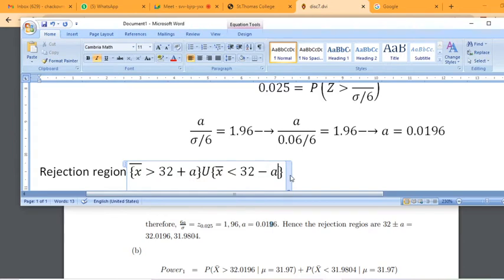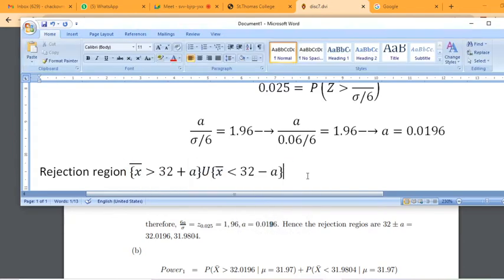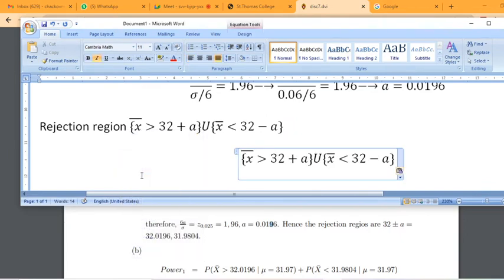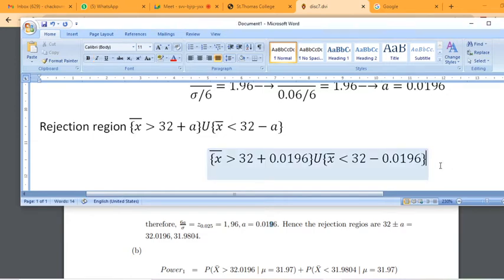This is a rejection region, so we can substitute the value of a here. So what is the value of a? 0.0196. Right. So these are the rejection regions.